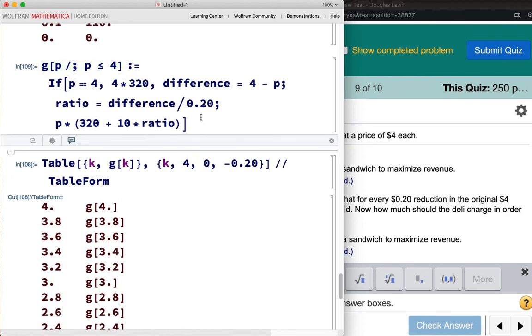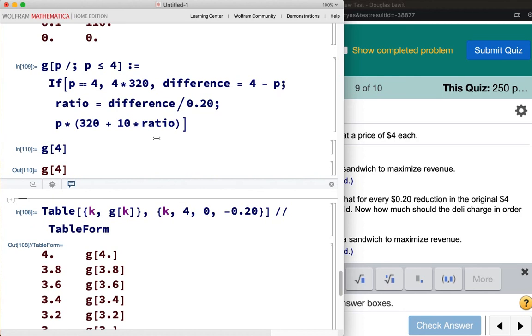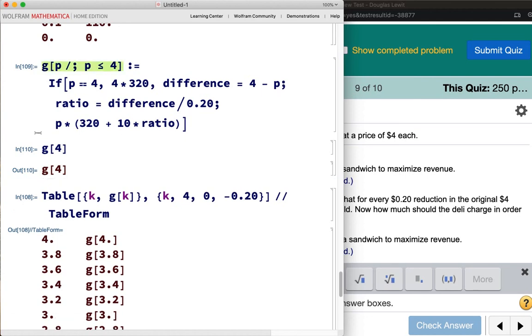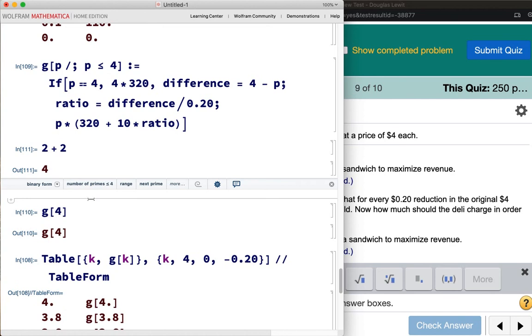That's really weird. This function somehow did not get defined. So g of 4. Okay, why didn't this get defined? How strange. This isn't evaluating to anything, so that should not be happening. So 1 second. That's very weird.